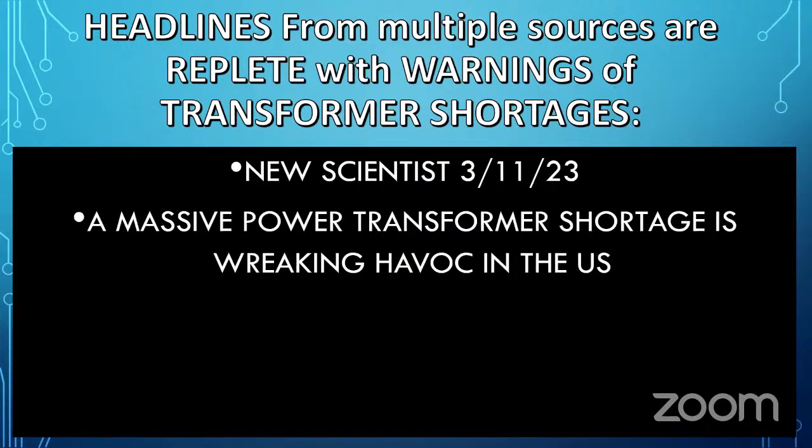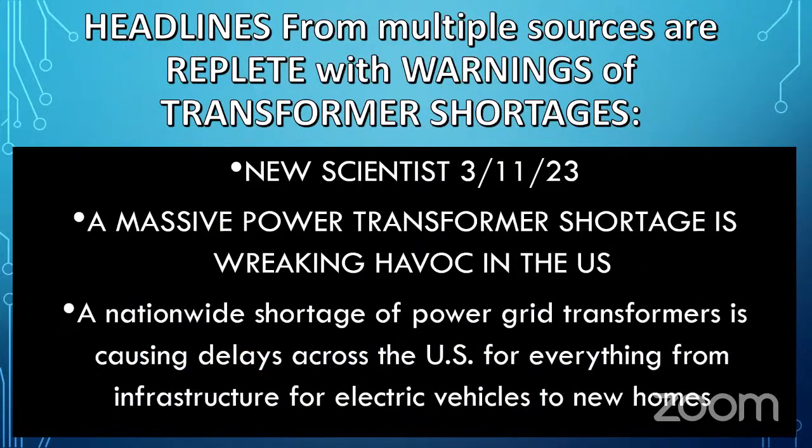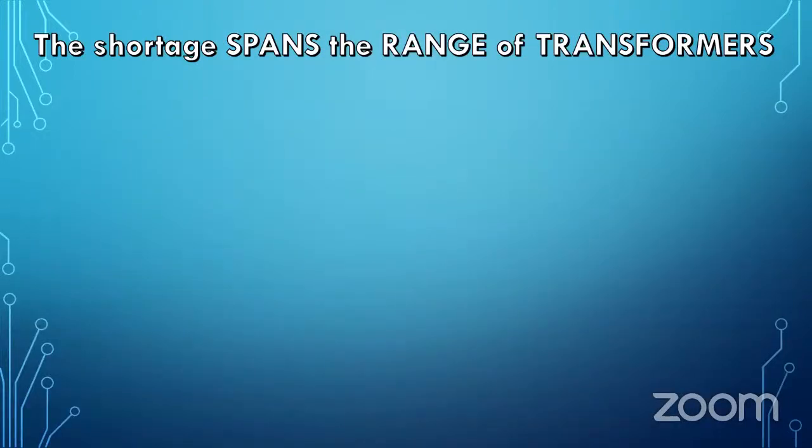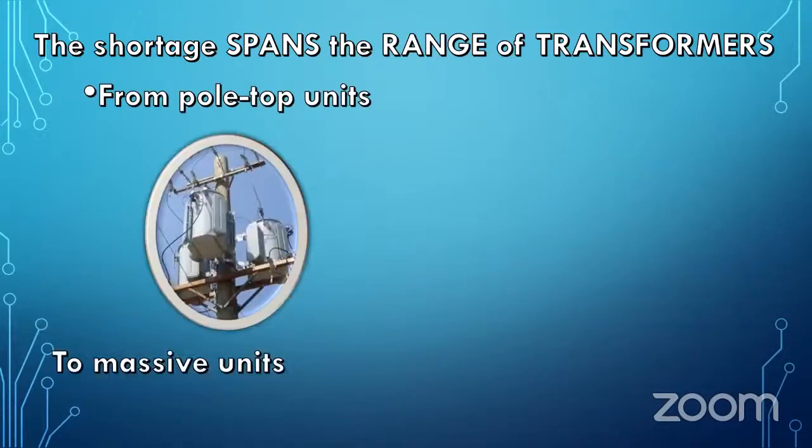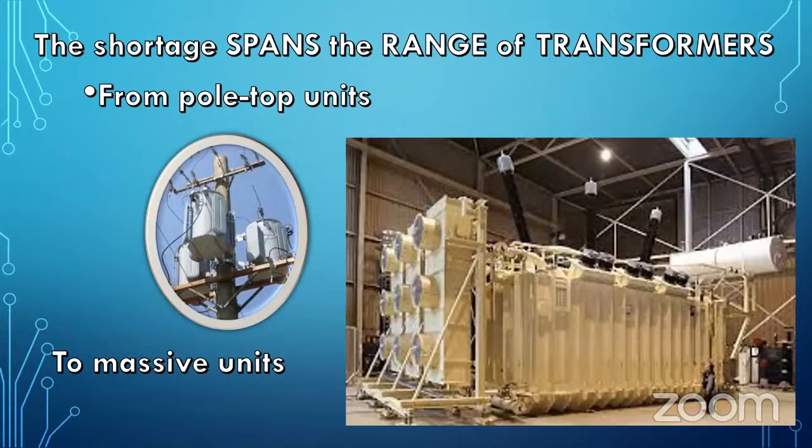That was the headline. A nationwide shortage of power grid transformers is causing delays across the United States for everything from infrastructure for electric vehicles to new homes. That was part of the text. The shortage spans the range of transformers from pole-top units to massive units.